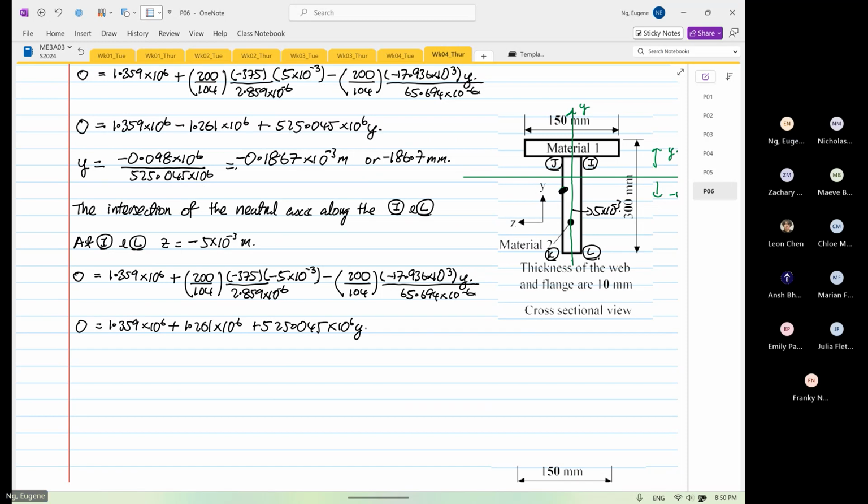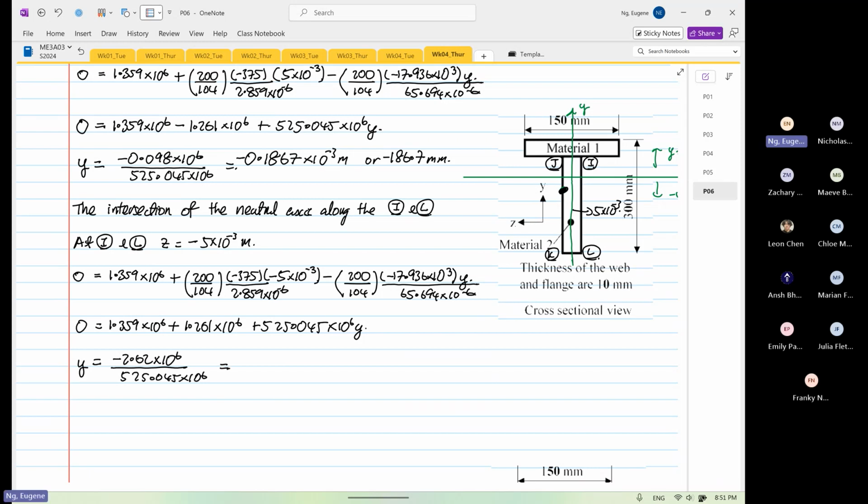And then finally, y will be equal to 1.359 plus 1.261 minus 2.62 times 10 to the power 6 divided by 525.045 times 10 to the power 6.